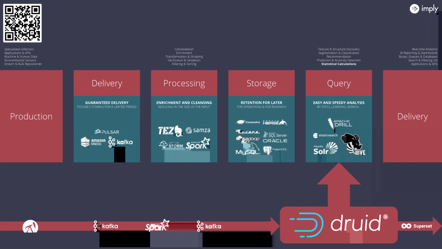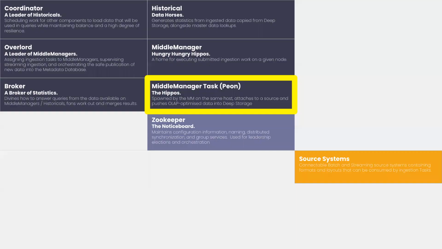Now, as our friend gets more courageous, they'll find out that there isn't just one middle manager process that does all the ingestion. Instead, there are several of them. And that's part of the beauty of Druid. It's our ability to linearly scale its ingestion capability to many millions of rows per second. And that is not obvious in a single node deployment.